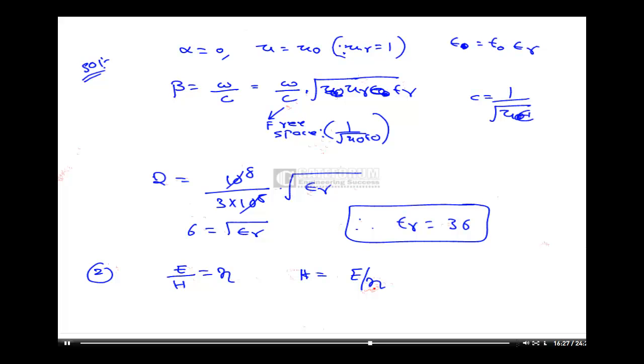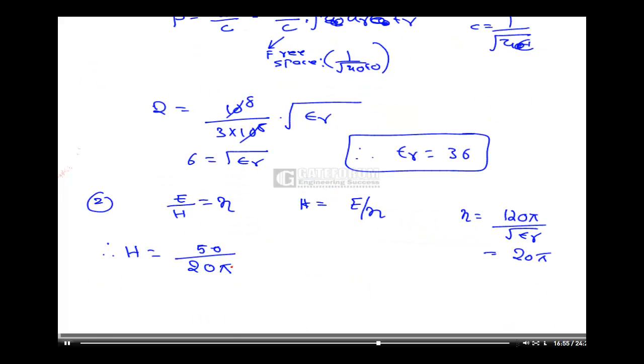We have to calculate, because eta is equal to 120 pi by square root of epsilon r. Epsilon r is equal to 36, so this is 6. 120 pi by 6, 20 pi. Eta is equal to 20 pi. Therefore, H is equal to 50 by 20 pi sin(10 power 8 t plus 2z).